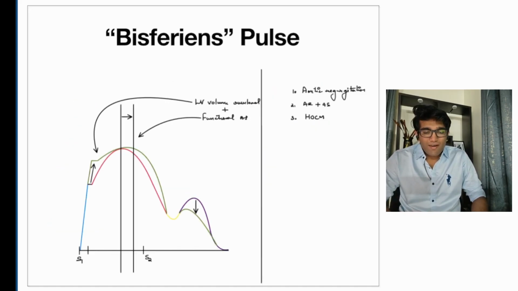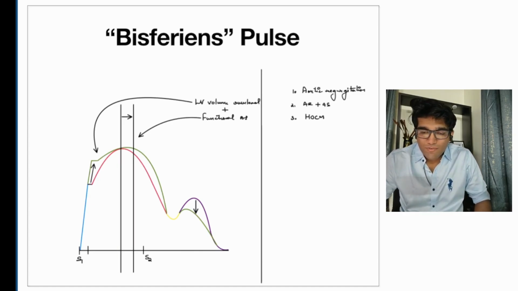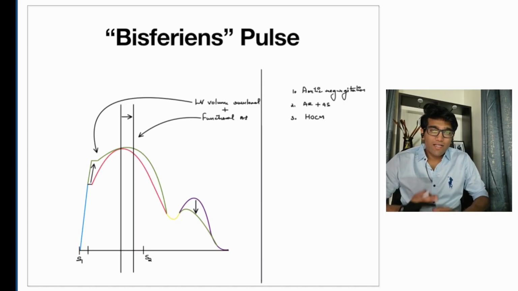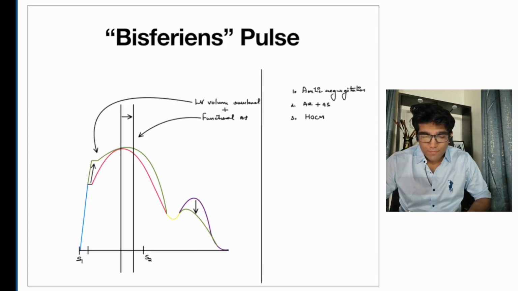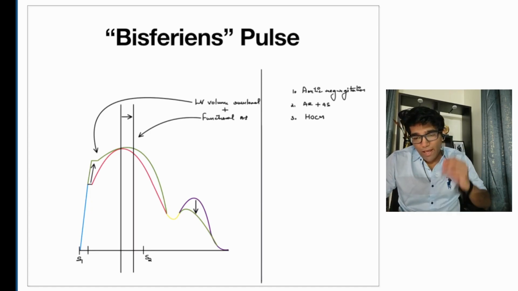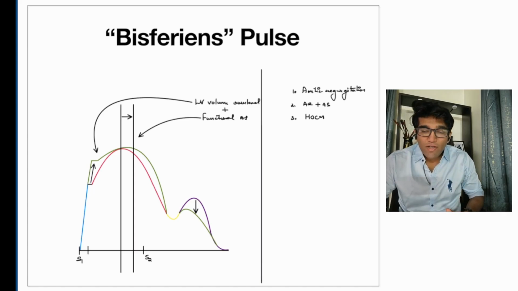Then we have our very famous bisferiens pulse, something that causes confusion in practically any medical student I've ever met. So see, unless you understand the basal waveform, you will not understand the mechanisms behind the bisferiens pulse. So what happens here is, say you have aortic regurgitation.